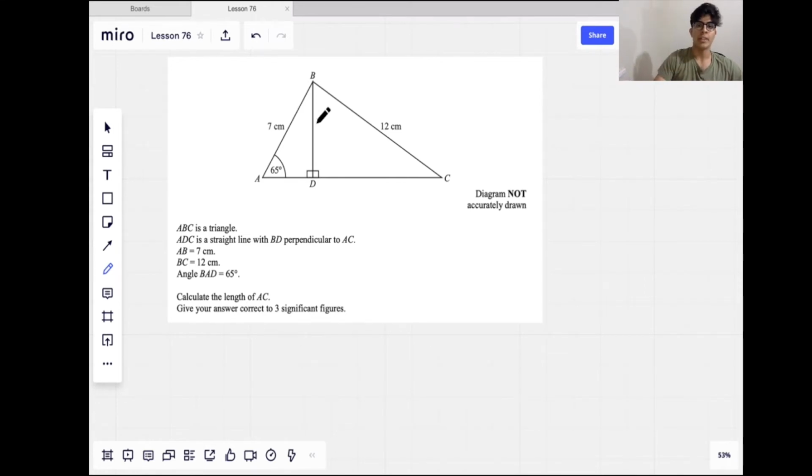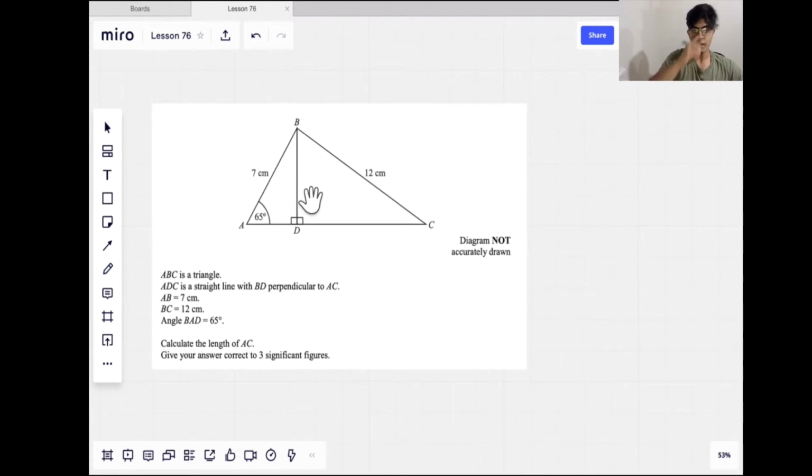In this case, we can't calculate the length of AC directly because we don't have a right angle triangle, and our SOHCAHTOA doesn't work there. Luckily, the question has helped us out by splitting our diagram into 2 right angle triangles, such as this.